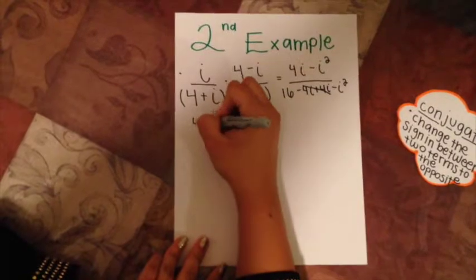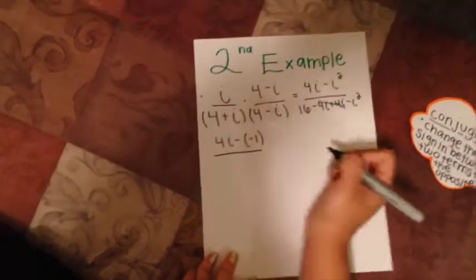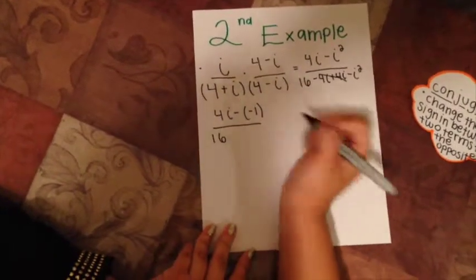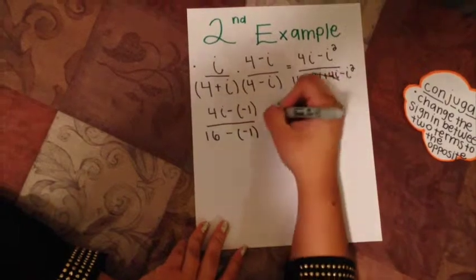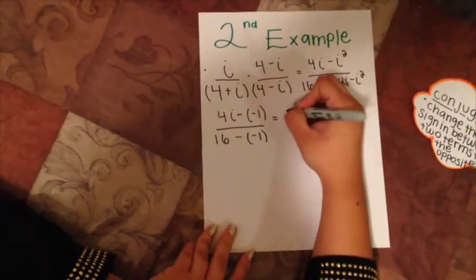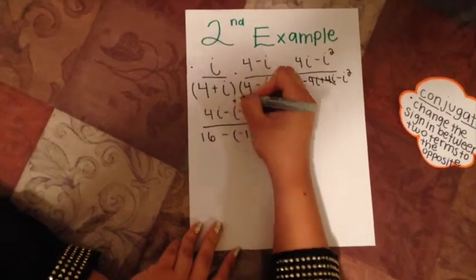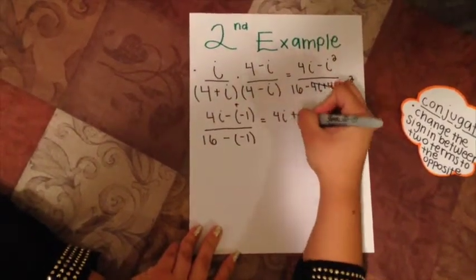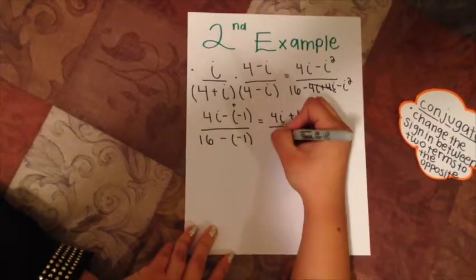So we're going to have 4i minus -1 over 16 minus -1. That is going to equal 4i. The negative and the negative become a positive. So it's going to be plus 1 over 16, and then negative times a negative equals positive.